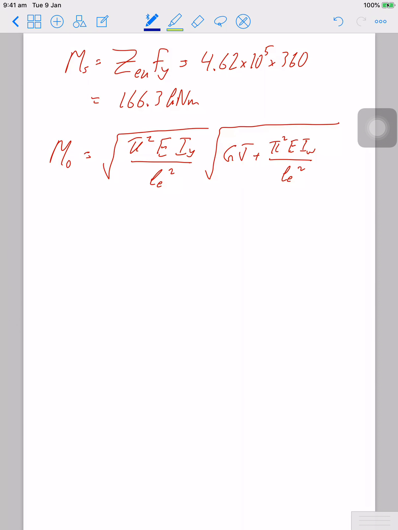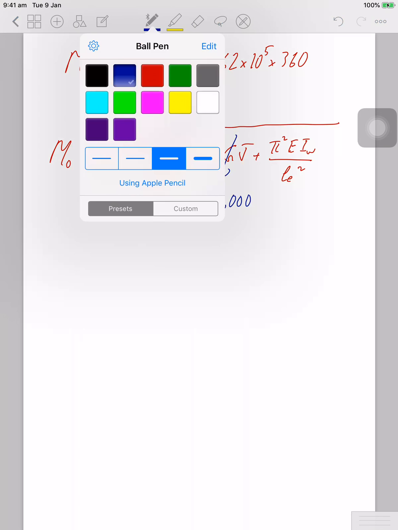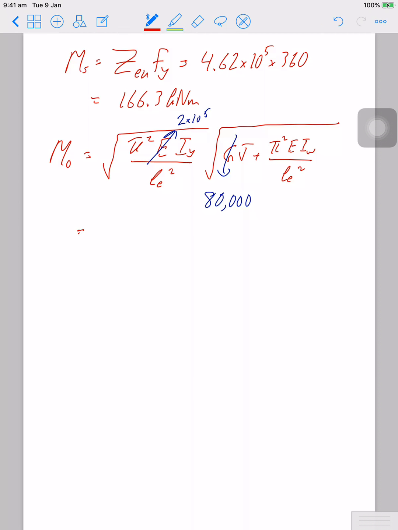Your J value is given to be 80,000 megapascals. E for steel is 2 times 10 to the power 5 megapascals, and everything else is known or given. So you get your reference buckling moment to be equal to 92.5 kilonewton meters.